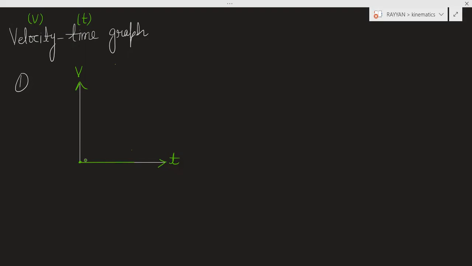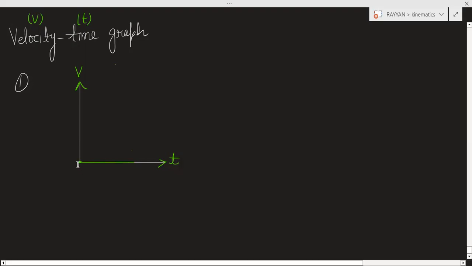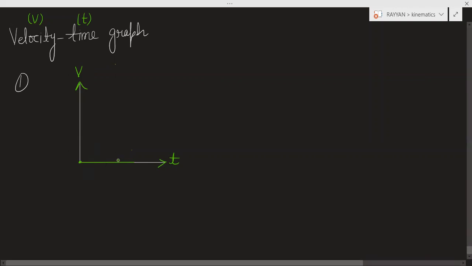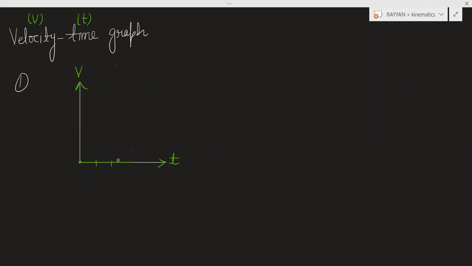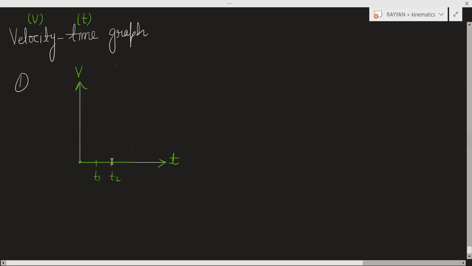So the conclusion of this graph, if this type of graph you will have, body will be at rest. Why, if someone can ask, why you are saying that the body is at rest? Because if you will take the time, suppose time t1, t2, as the time passes the velocity remains zero.